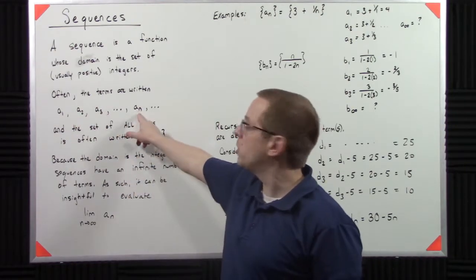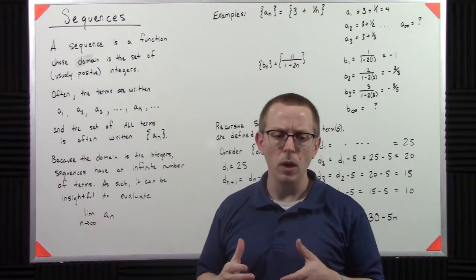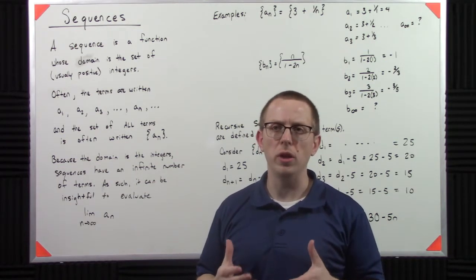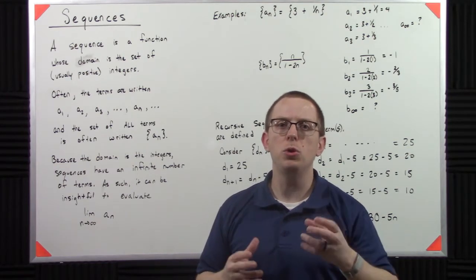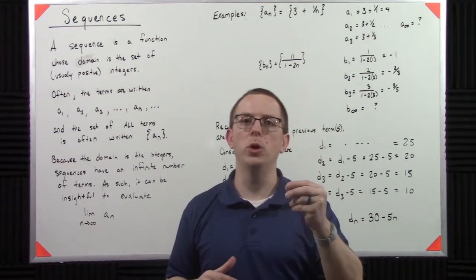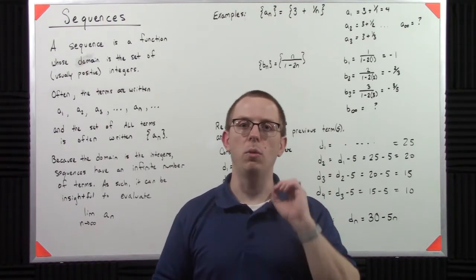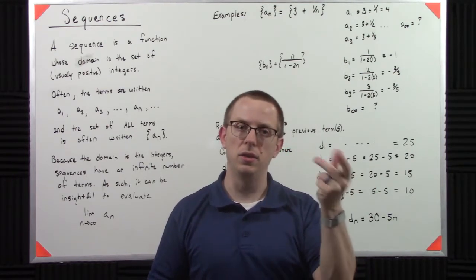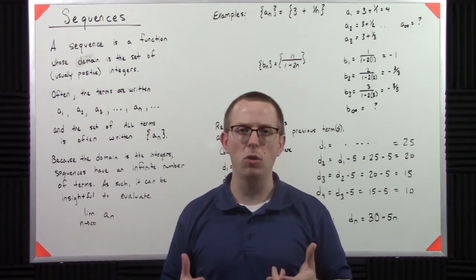And then we go out to what's called the nth term. When we think about a sequence, describing the nth term is really important, because if we can describe an nth term, we're describing an arbitrary term. I'm going to define a function like f of n, that when I plug in n, I get the sequence term out.